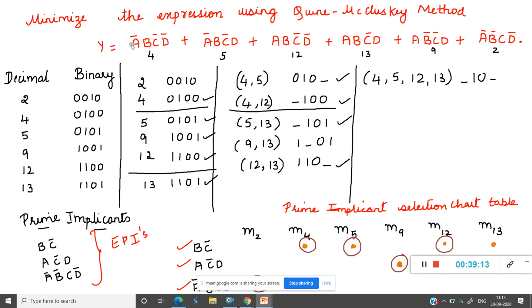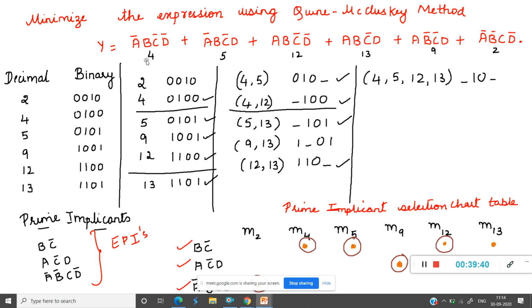A bar means 0, 1, 0, 0, which means 4. 0, 1, 0, 1 means what? 5. 1, 1, 0, 0 means 12. 1101 means 13. 1001 means 9. 0010 means 2.